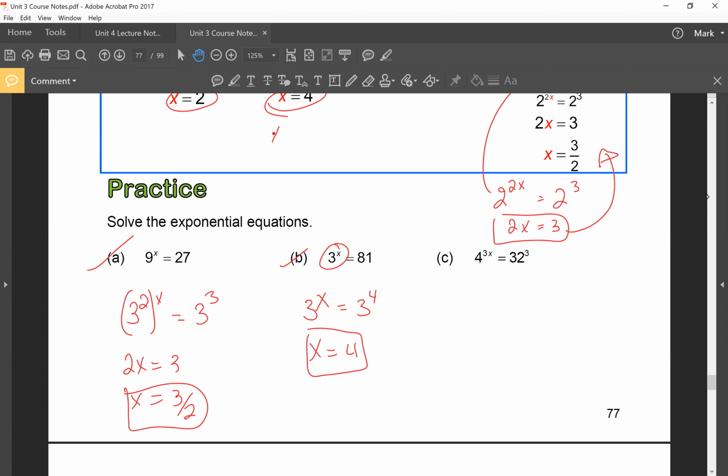What that means is I'm going to have to change the 4 to be 2 squared, to the power of 3x equals 2 to the power of what? So 2 to the power of what is 32? I think it's 5. Yep, 2 to the power of 5 is 32. And then I still have a 3 there. So this becomes 6x equals 15. X equals 15 over 6.